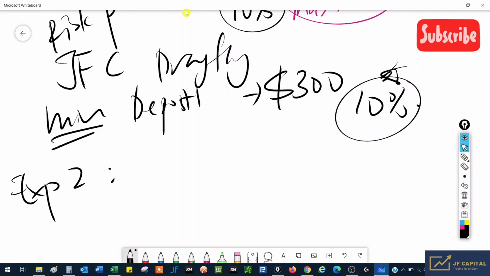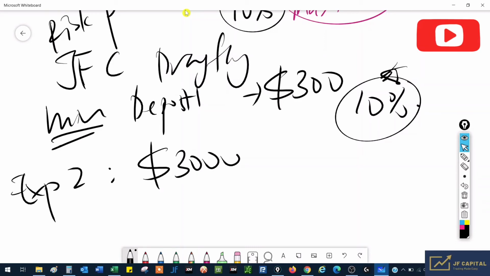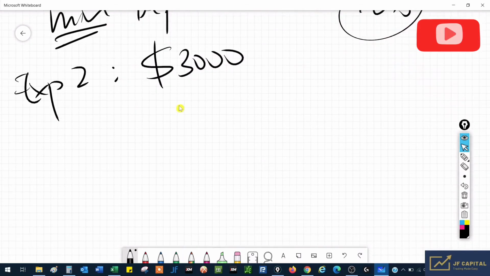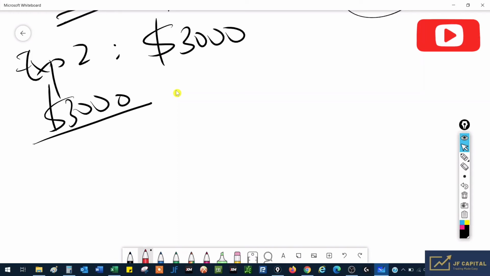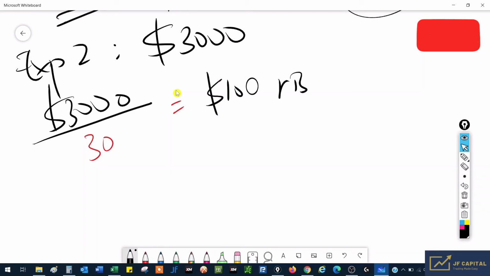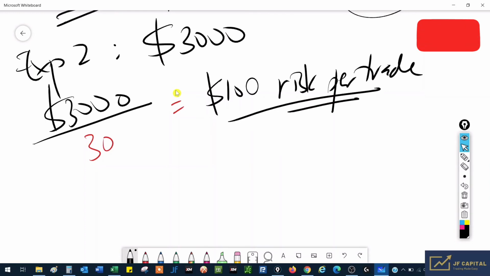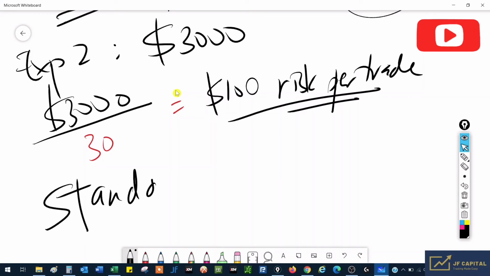Example 2: you have a big capital, you have 3,000. What you need to do is the same: 3,000 divided by the factor of 30, which gives you 100 risk per trade. With this, you can select standard under your copy mode.